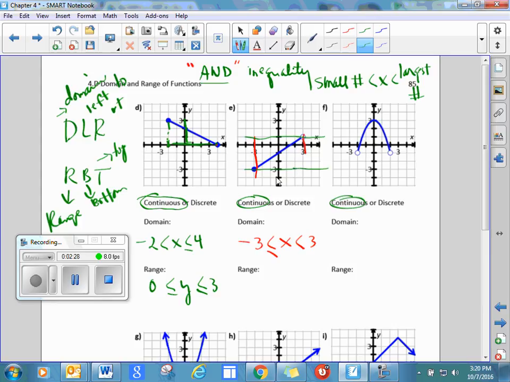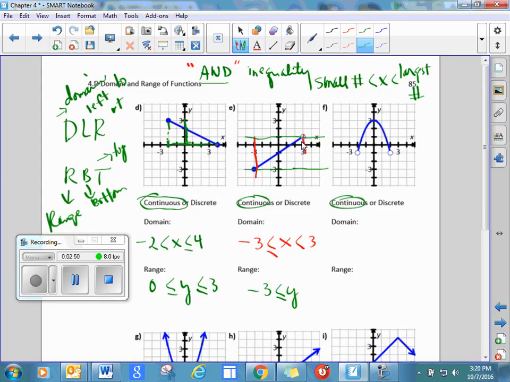So again, we start with the smallest y. It's -3 also. It is less than or equal to, and we're going to use y instead of our variable x, because we're talking about our outputs. We're using a line underneath the greater than or equal to because the dot is closed in.